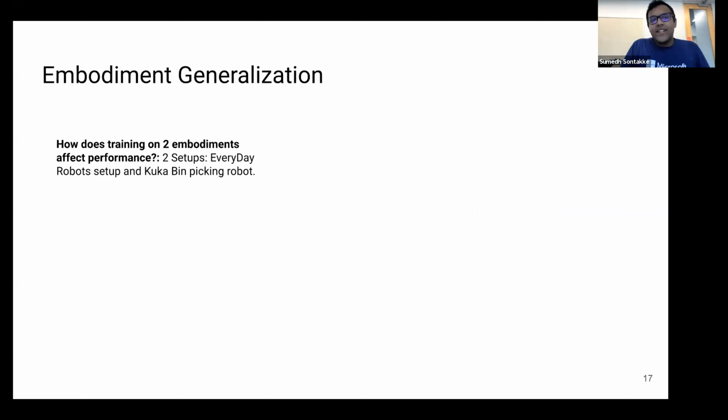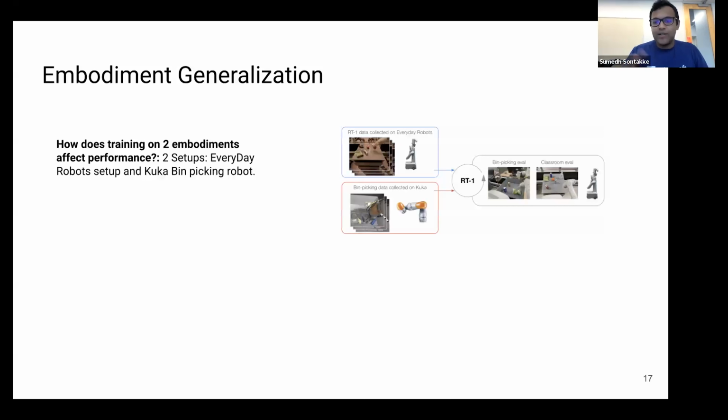Finally, we also tested whether or not we're able to do embodiment generalization. So right now we've only talked about single robot demonstrations. What if we had two different robots that you had data for? Could you train one model that can absorb this data and still have high performance? And so we had two separate setups.